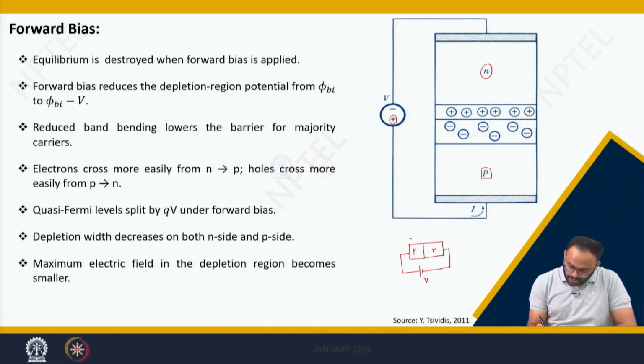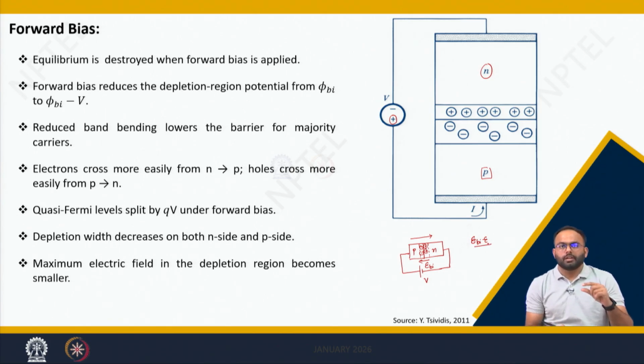The external electric field will be in this direction, whereas the internal or built-in field, E_BI, will be in this direction. So the overall electric field will be reduced to E_BI minus E, and hence the potential barrier height gets reduced.